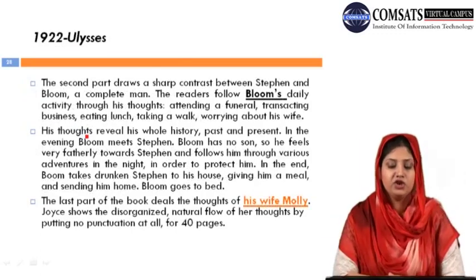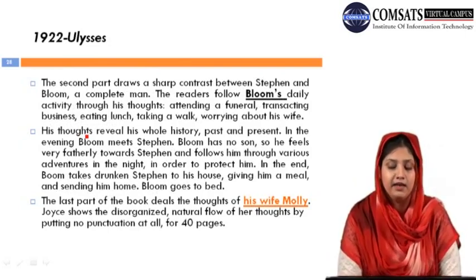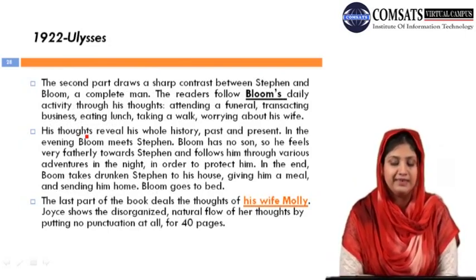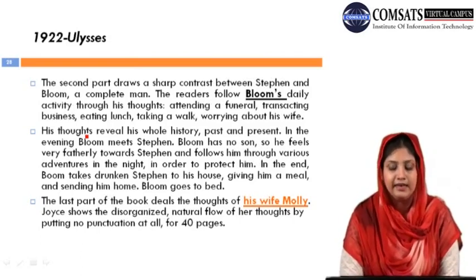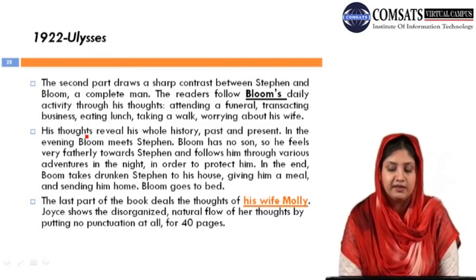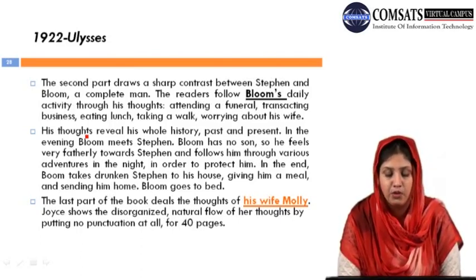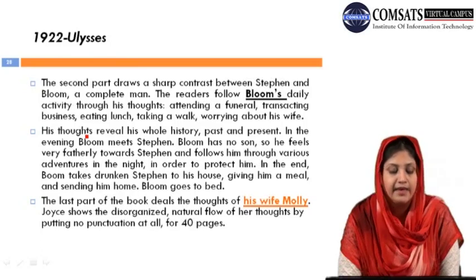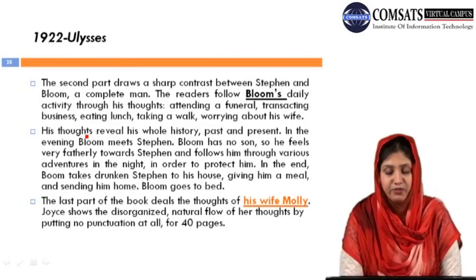The second part draws a sharp contrast between Stephen and Bloom, a complete man. The readers follow Bloom's daily activity through his thoughts: attending a funeral, transacting business, eating lunch, taking a walk, worrying about his wife. His thoughts reveal his whole history, past and present.